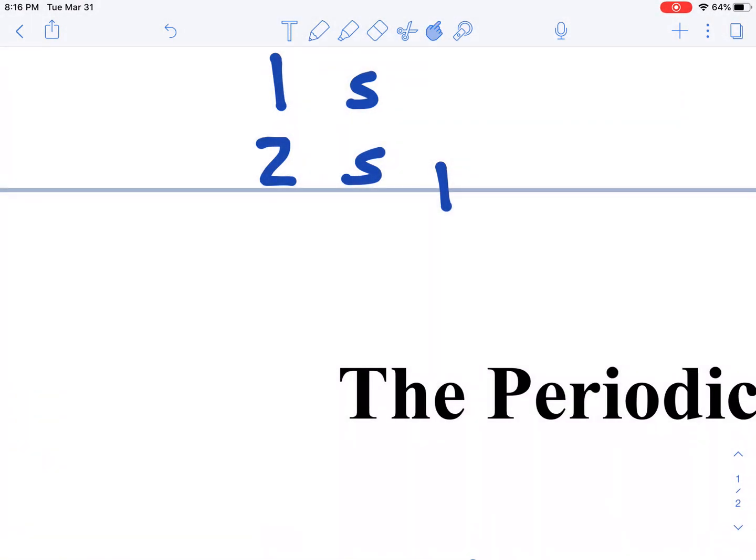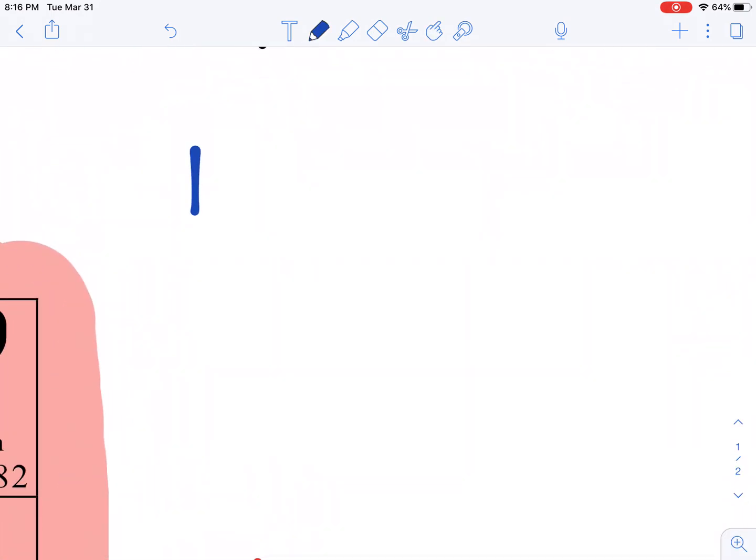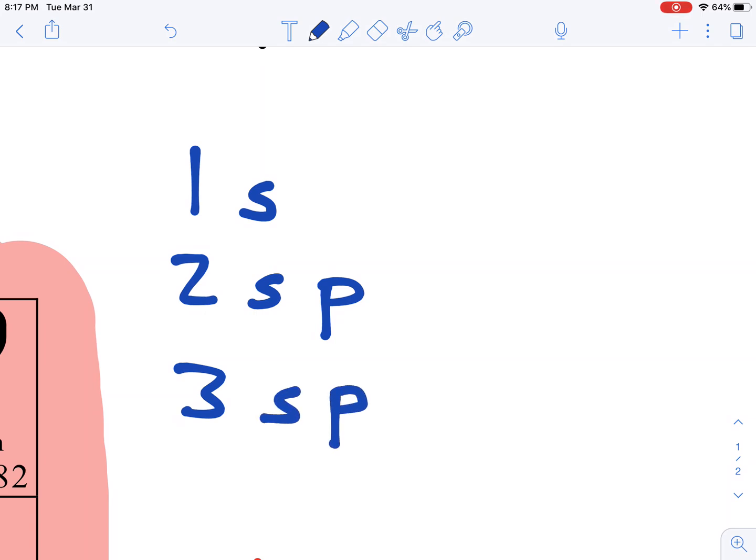I'm going to write this in a new location because this thing doesn't like me. So, in the first energy level, there are s orbitals. Second energy level, there are s and p sublevels. Third energy level, there are s, p, and this is where the d has to come in, right? So the d sublevel has to originate in the third energy level. We saw that earlier based on the m sub l quantum number.